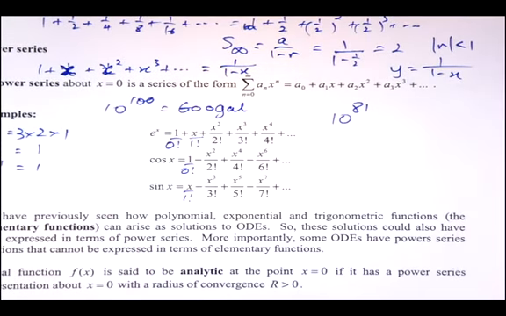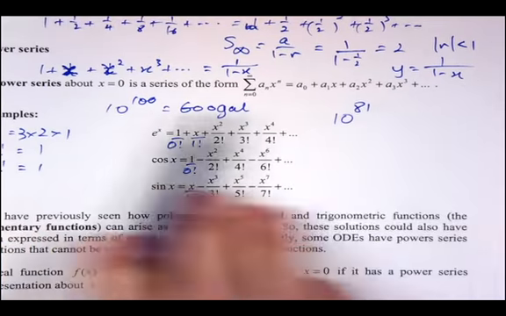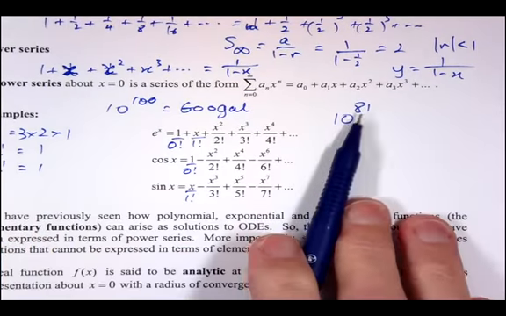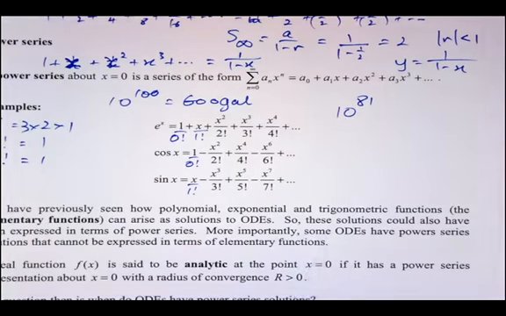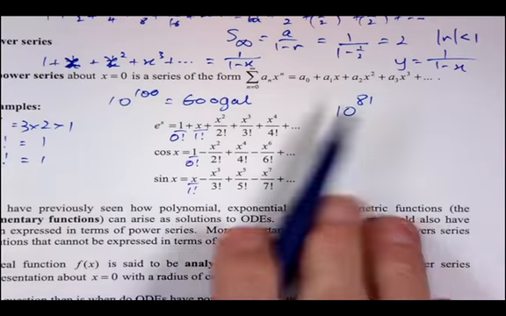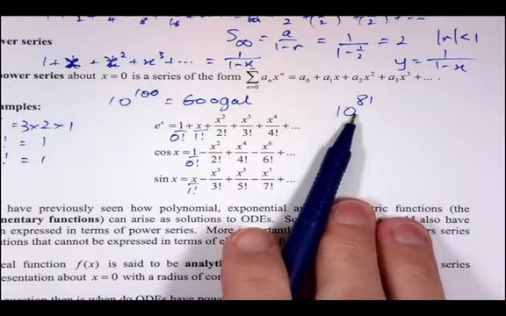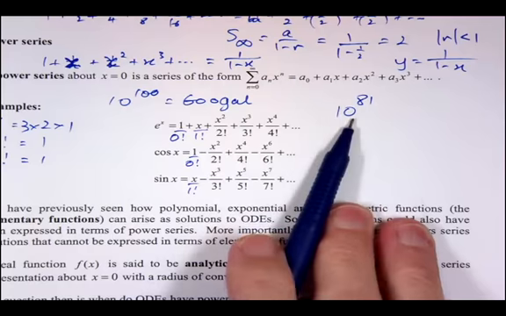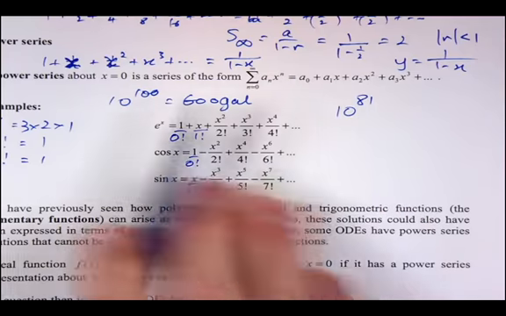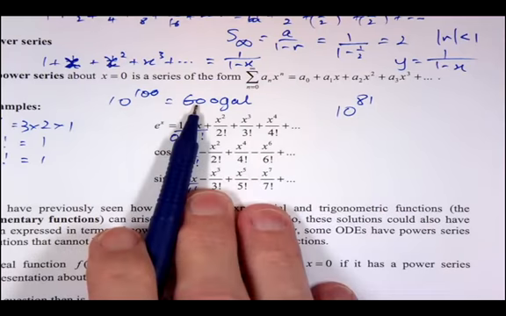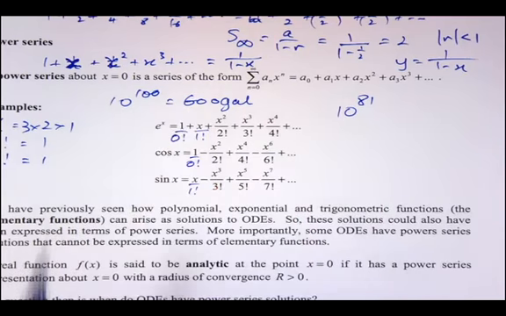Now that number is about 10 to the 19, so think of that. A 1 with 19 zeros. This was the number of electrons in the universe. So this is a huge number.